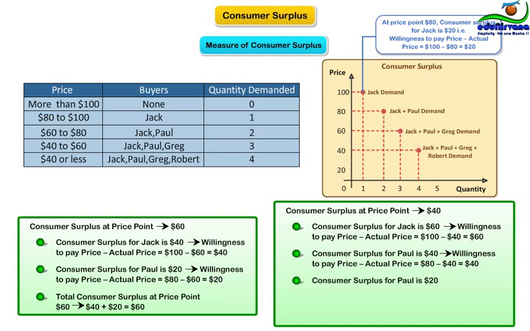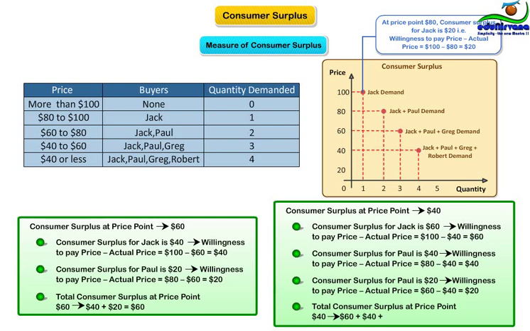The consumer surplus for Gray is $20. That is, $60 minus $40, results in $20. So, the total consumer surplus at the price point of $40 is $60 plus $40 plus $20, which totals $120.